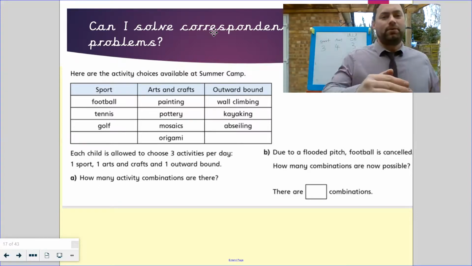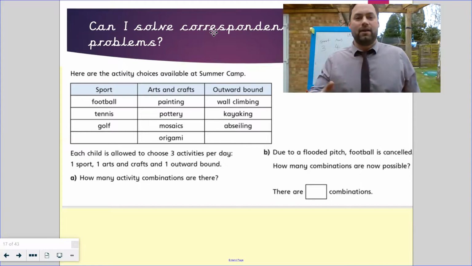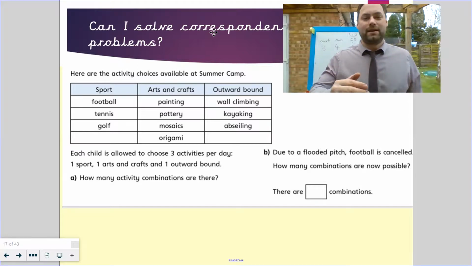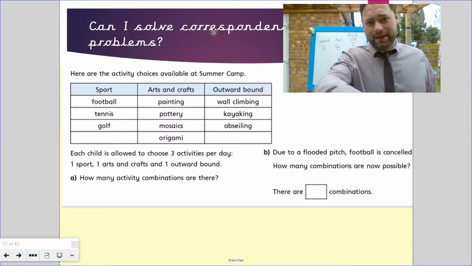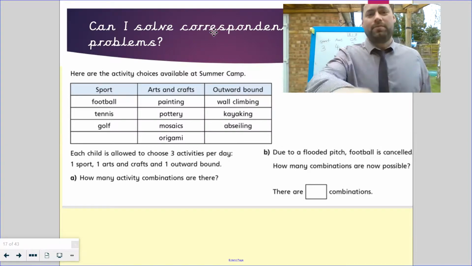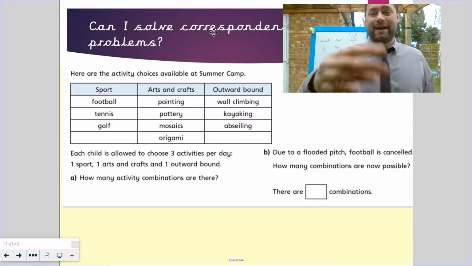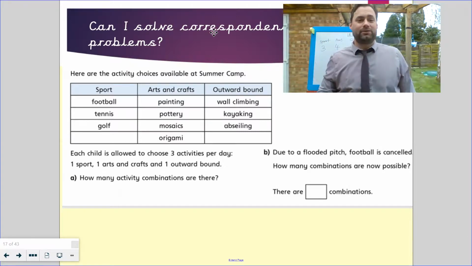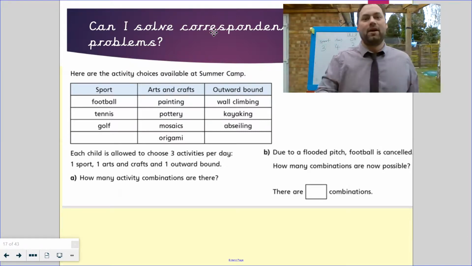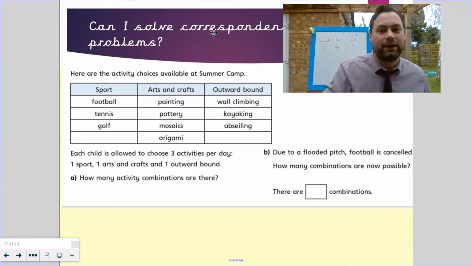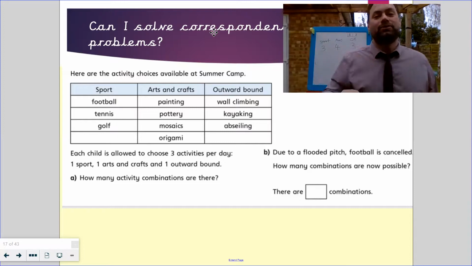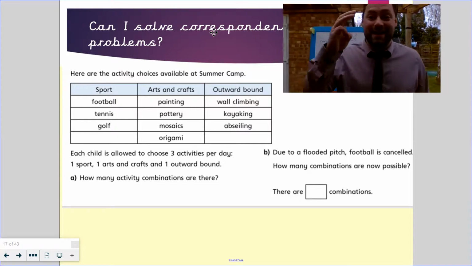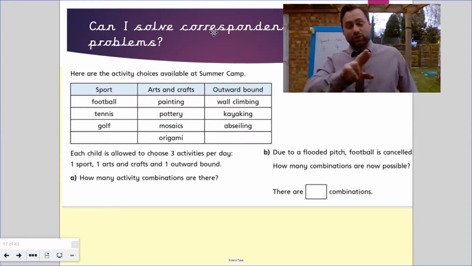We could then have football, painting, kayaking. We could then have football, painting, and abseiling. That's 3 different combinations you could have. You could then have football, pottery, wall climbing, football, pottery, kayaking, football, pottery, abseiling. That's another group, so that's 2.